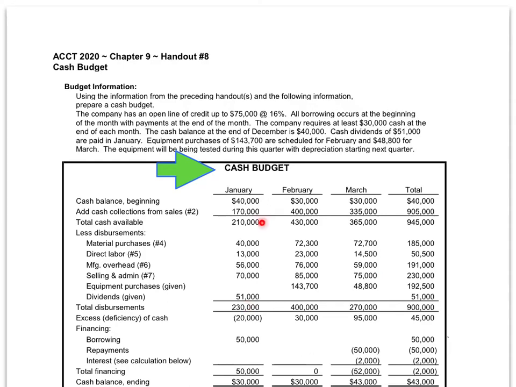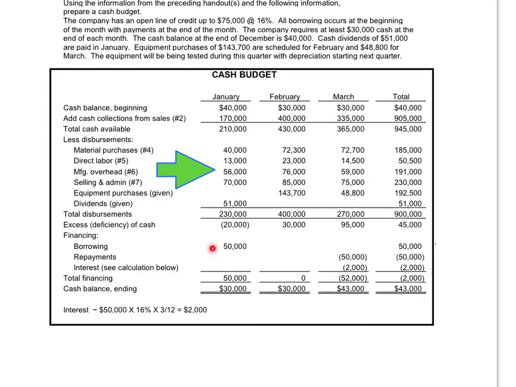So 210 minus 230 gives us a negative or deficiency balance of 20,000. So if we want to end the period with 30,000, we're going to need to borrow 50.